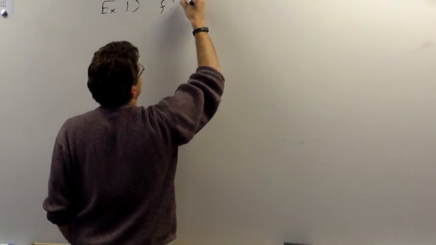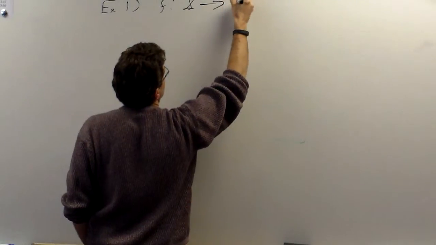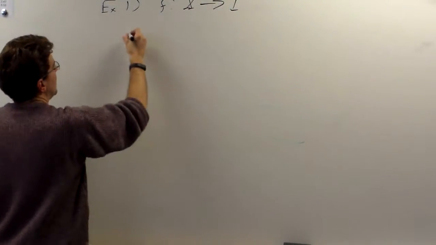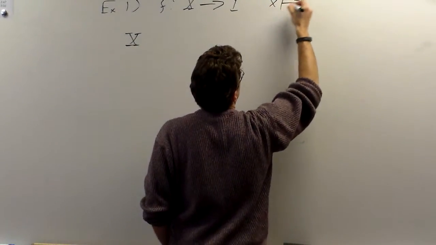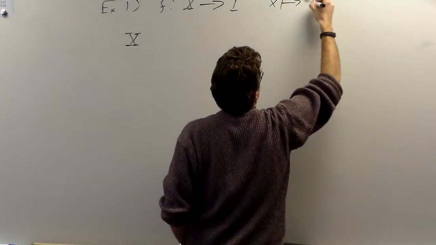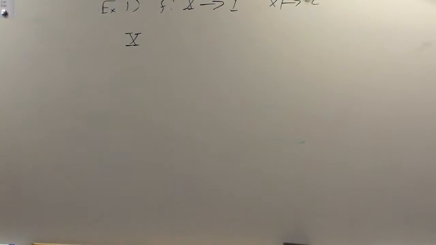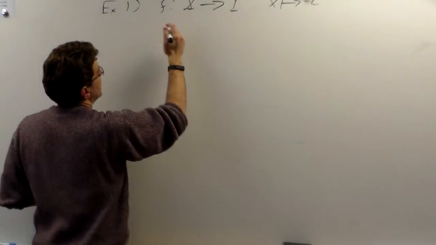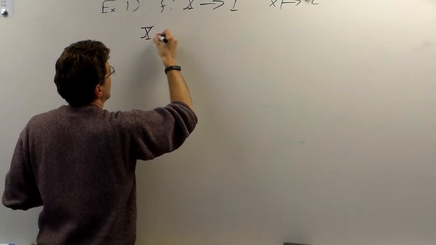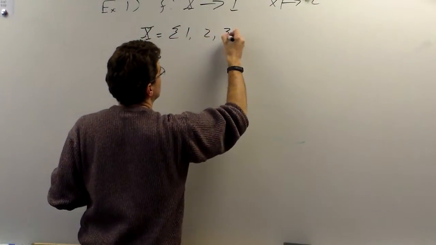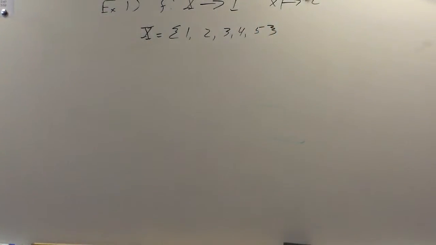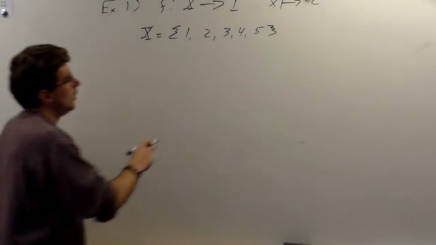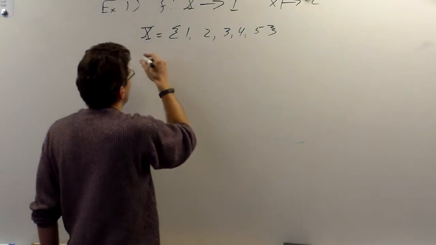F maps. So what we're asked to do is, if we've got this, and it equals 1, 2, 3, 4, 5, we want to find out what happens when we map this to our y.